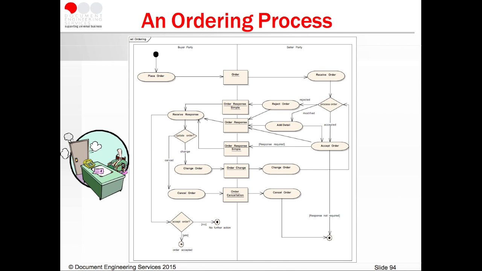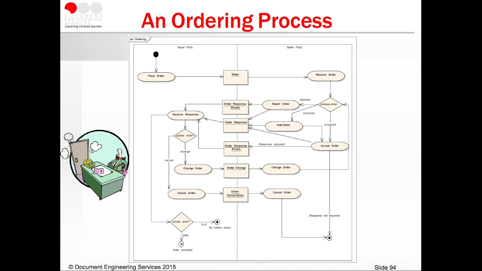The UBL specification includes a design, what's called an activity diagram, that describes the typical flow of information in a process. The diagram we're looking at here is the ordering process. There are two swim lanes, the vertical columns, one for the buyer party and one for the seller party.